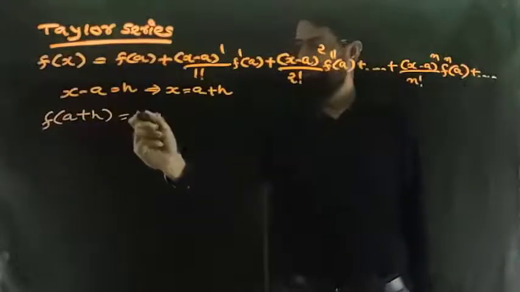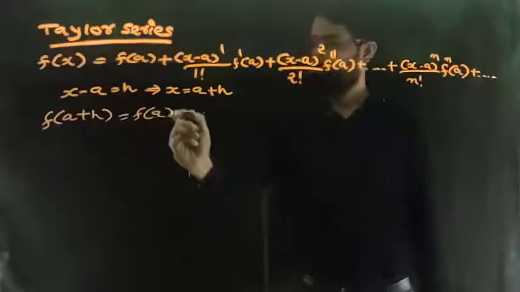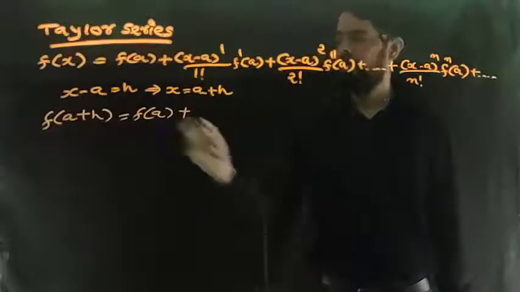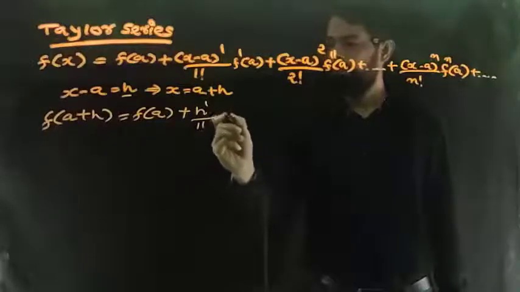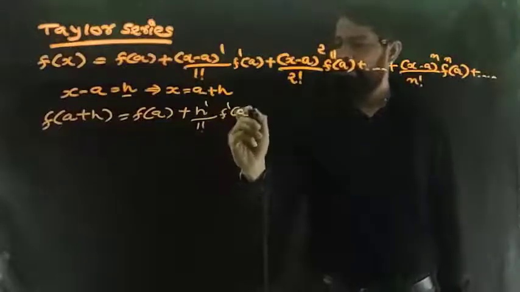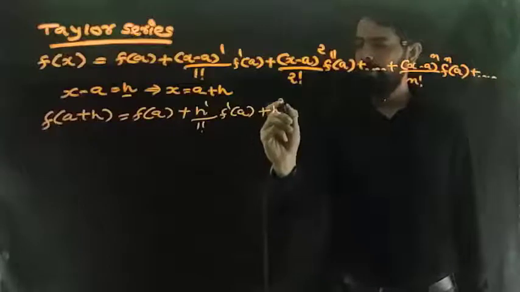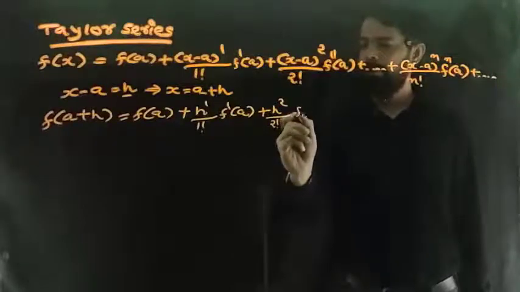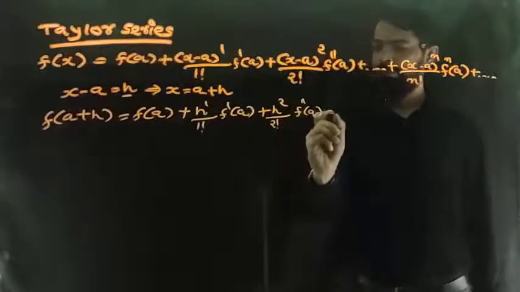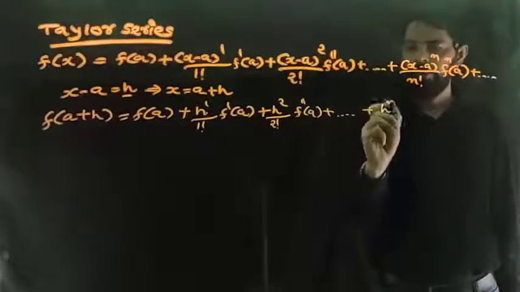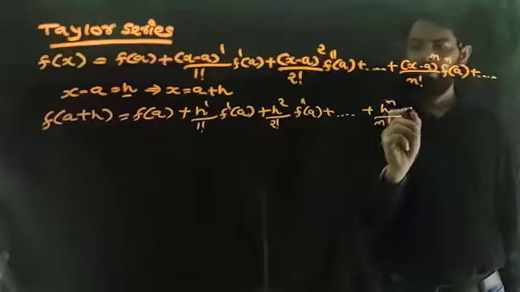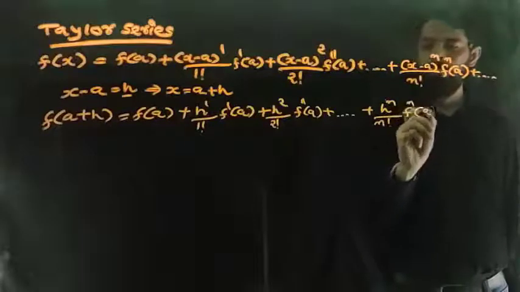So this series will be f(a + h) = f(a) + h^1/1! f'(a) + h^2/2! f''(a) + and so on, plus the nth term will be h^n/n! f^n(a) + and so on.